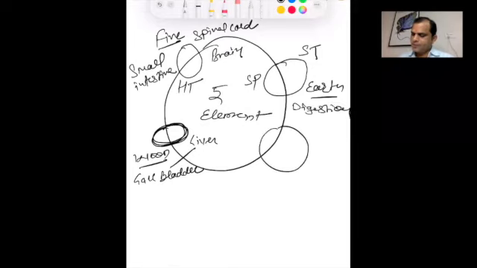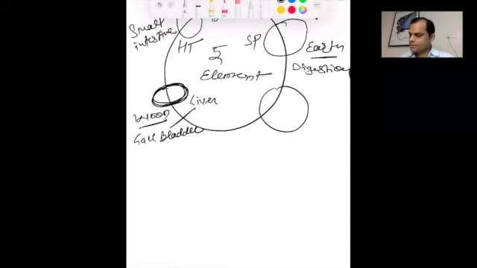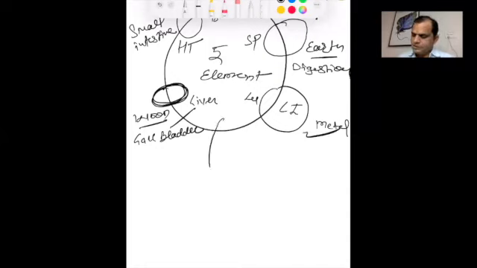And the element number four, which is metal, and lungs and large intestine come in the metal. So if someone is suffering with constipation, we are treating the metal. And finally, this is the water element.